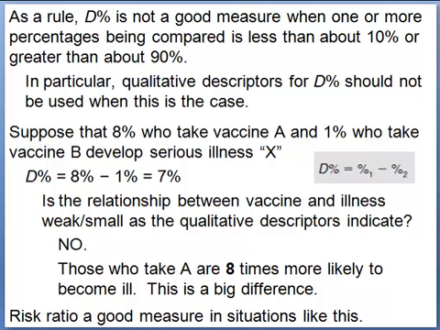I did mention that the qualitative descriptors certainly should not be used for difference in percentages when you have some percentages that are less than 10% or others that are greater than 90%. And I'll just go out on a limb a little bit and say that when you have percentages in your contingency table that are less than about 10% or greater than about 90%, difference in percentages probably isn't too good of a measure to use.